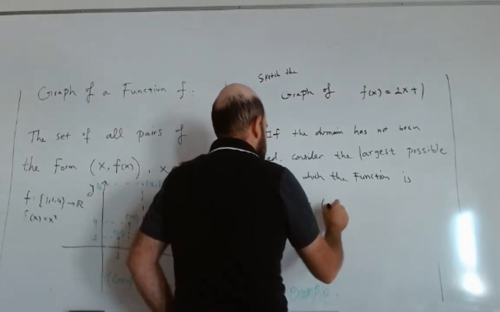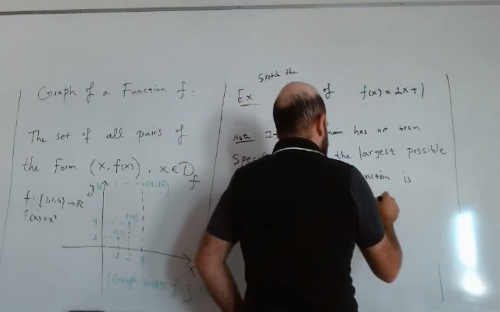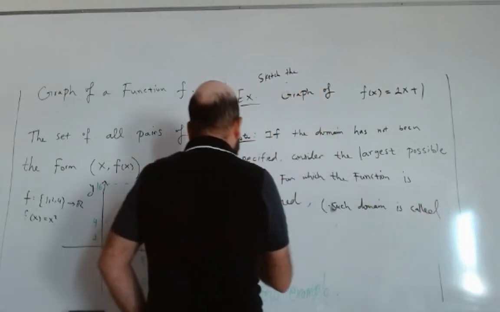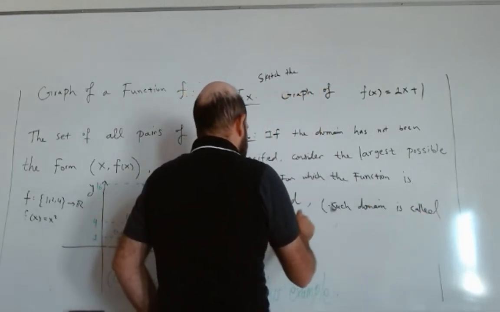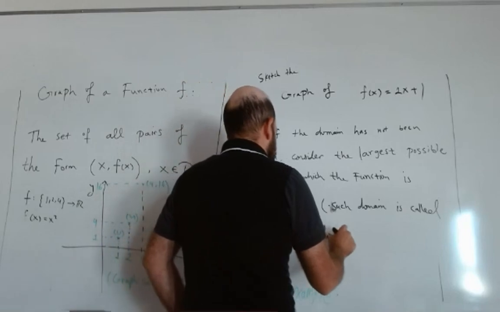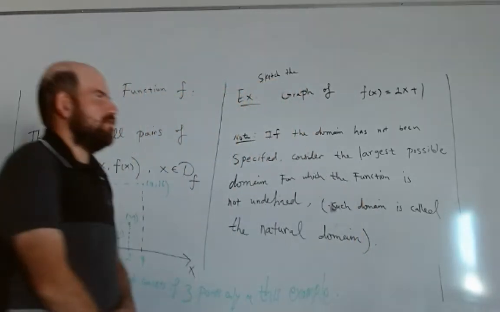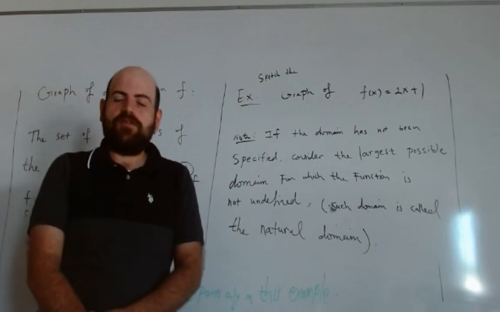Such a domain is called the natural domain. So how do you find the natural domain of a function? Natural domain means the set of all points for which the function is not undefined.